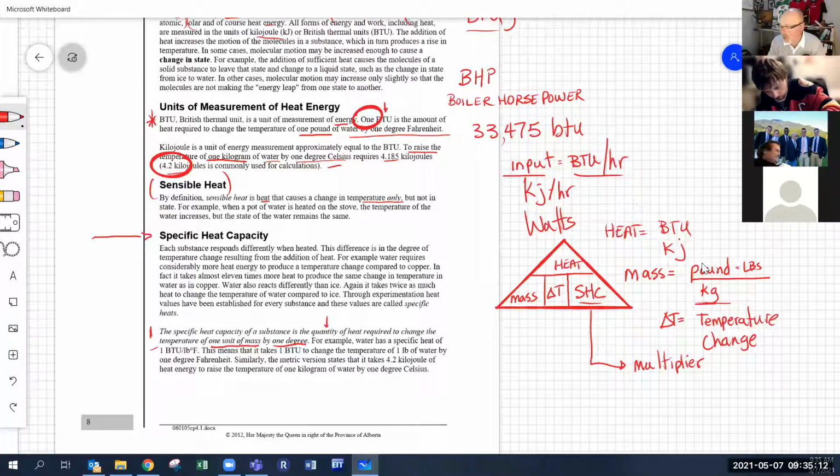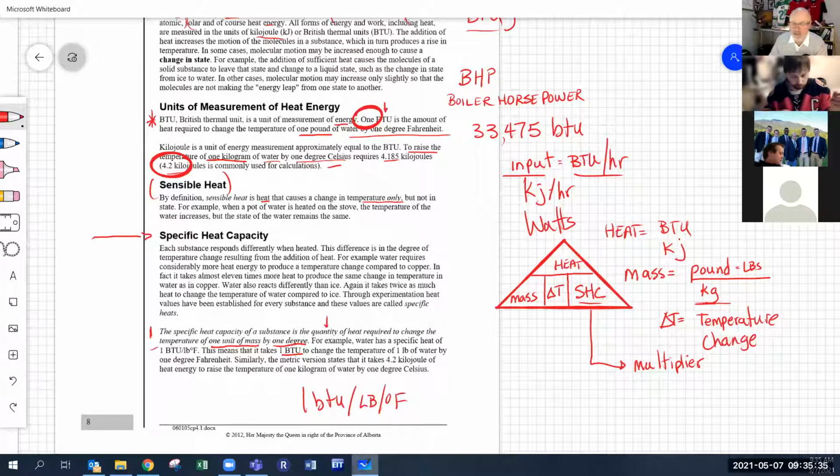It is not indicative of metric or imperial, but there are metric and imperial numbers. So it means that it takes 1 BTU to change the temperature of 1 pound of water by 1 degree Fahrenheit.